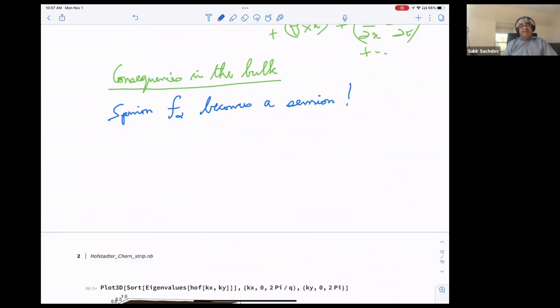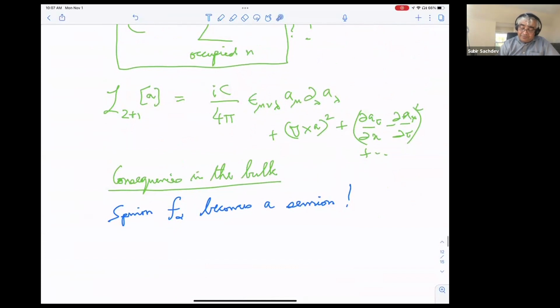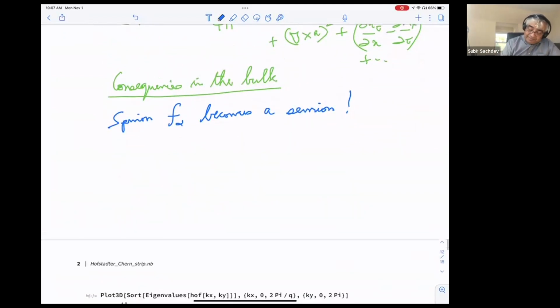Okay. So where does that happen? Well, that happens, of course, because of this all-important Chern-Simons term that we have deduced in the bulk. And also in this case, what is the value of C? We have to specify the value of C. C turns out to be 2 for the chiral spin liquid.